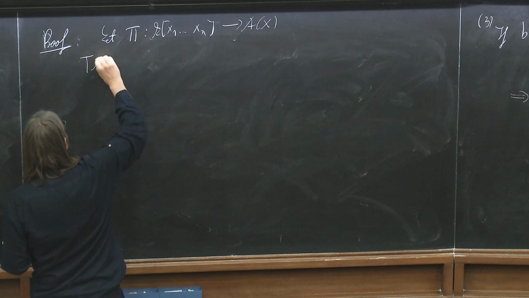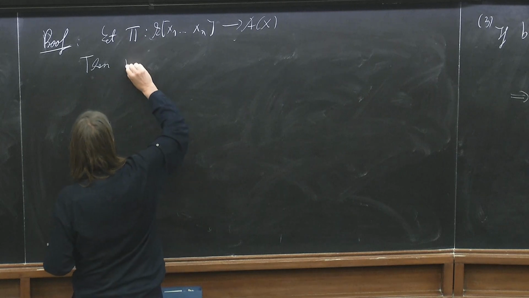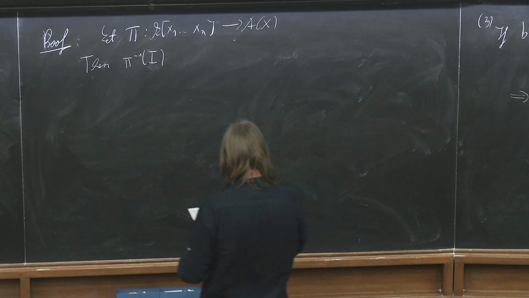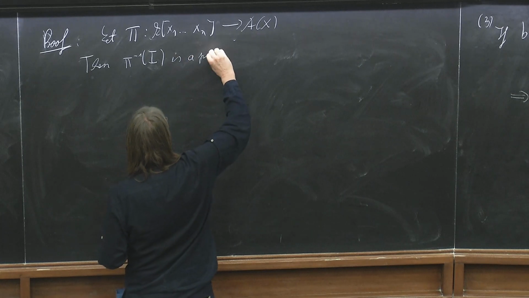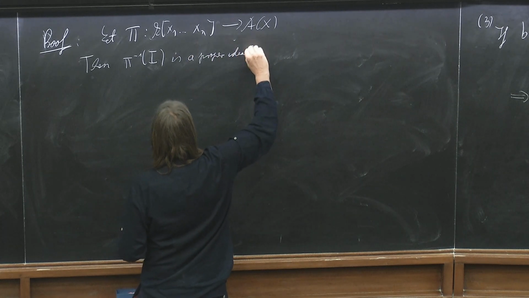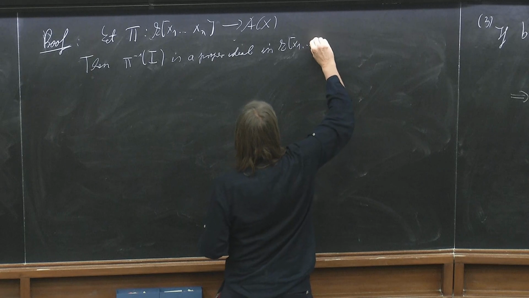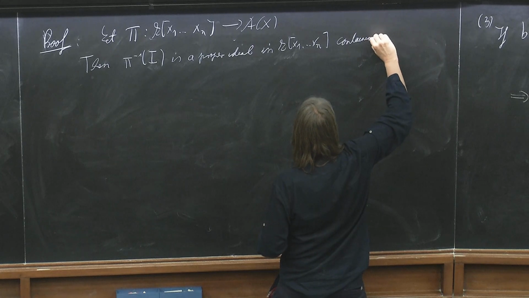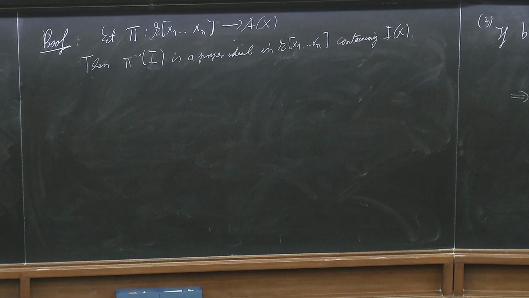Then pi to the minus 1 of I is a proper ideal in k[x1 to xn] containing the ideal of X. I, for security, will assume that X is not empty.